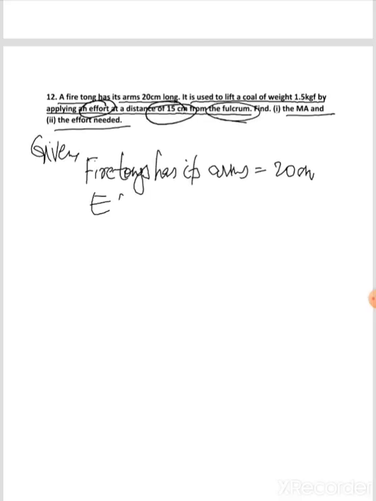So effort arm is 15 centimeter. So the remaining portion, that is 5. So 5 plus 15 will give you the load arm. That is the total length of the arm of the fire tongue. So that will be your load arm.